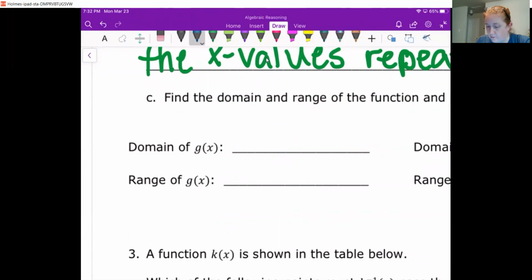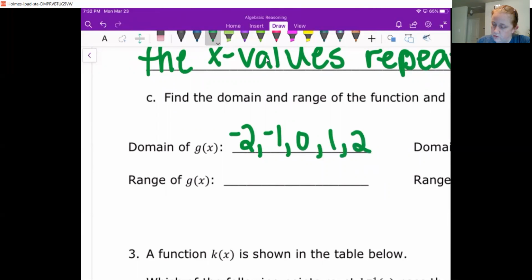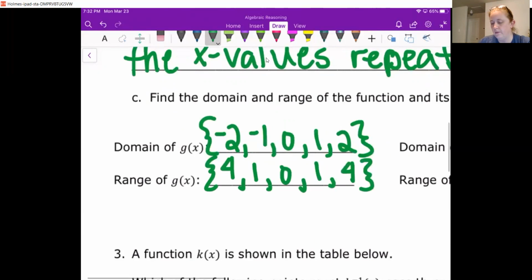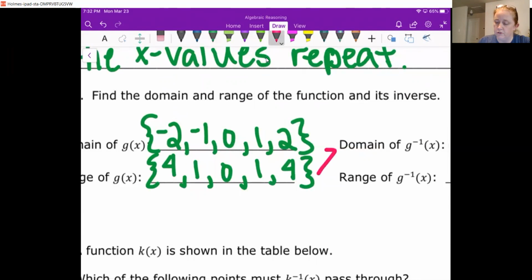All right, so our domain, we have a -2, -1, 0, 1, and 2. They need their little curly braces. And then we need our range, which is our original y column. So that's a 4, 1, 0, 1, and 4 again. And again, to make the inverse, those must switch roles.